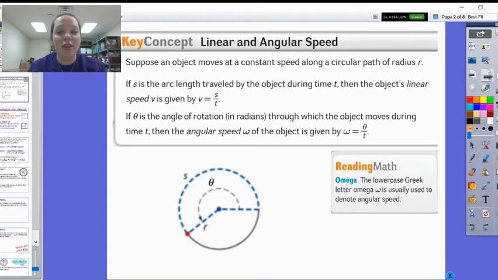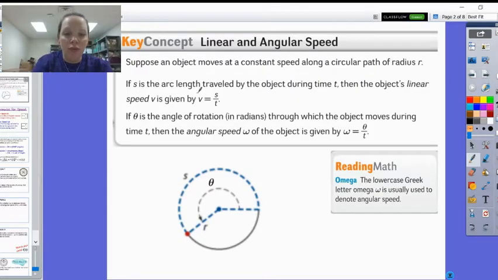We use the letter v to represent linear speed, v for velocity, which is another word for speed. To calculate the angular speed, you would take the angle of rotation, so how many radians it has rotated, and divide that by the amount of time that's passed. So theta divided by time would equal the angular speed, and we use the Greek letter omega to denote angular speed.